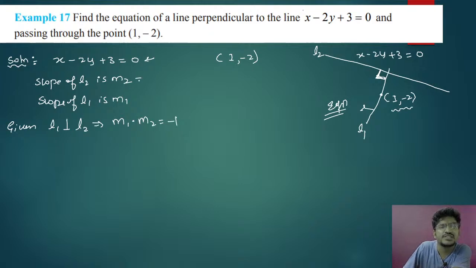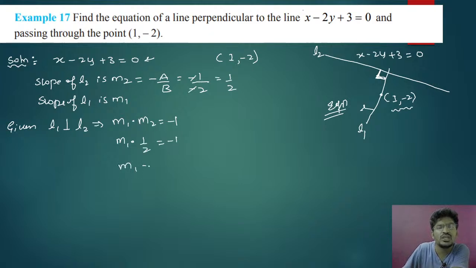Now slope of L2 is M2, that is equal to minus A by B. So therefore minus A value is here, X coefficient is 1, divided by B coefficient is minus 2. You can cancel these terms. It will be equal to 1 by 2. So slope M2 is 1 by 2. So M1 into 1 by 2 equal to minus 1. Now M1 is equal to what? Minus 2. So that means the slope of L1 is minus 2. Clear?